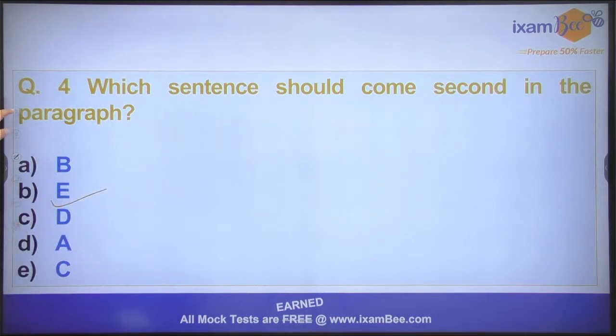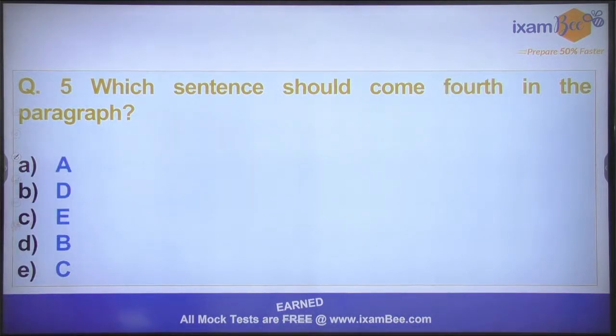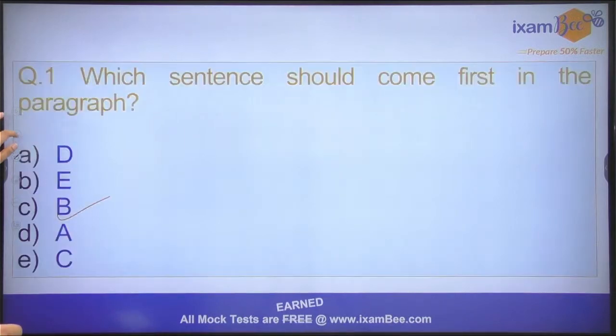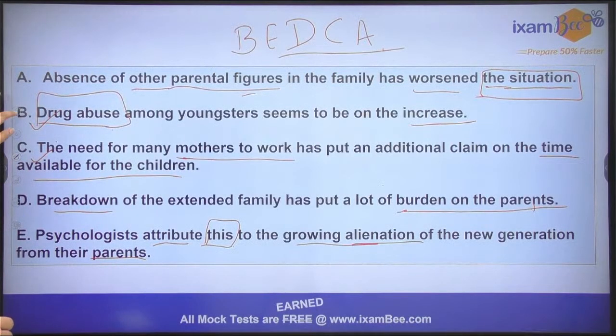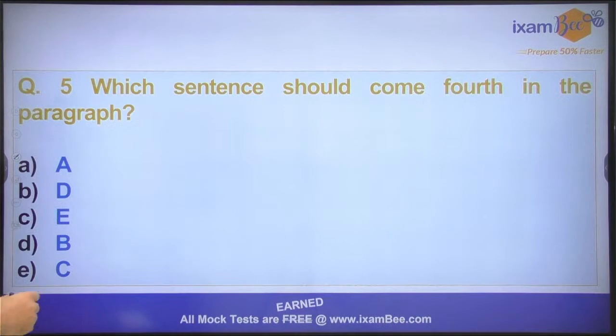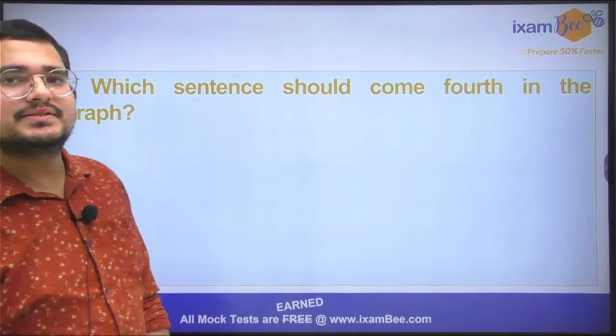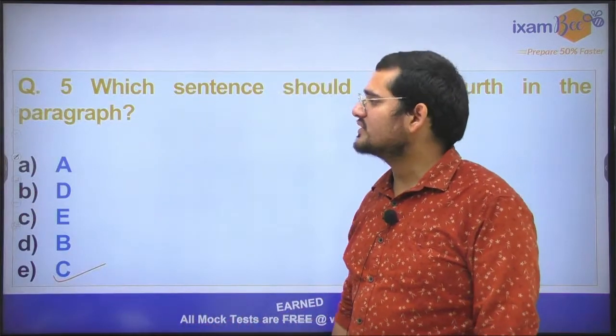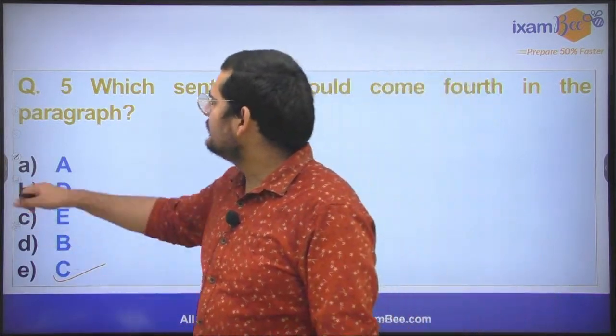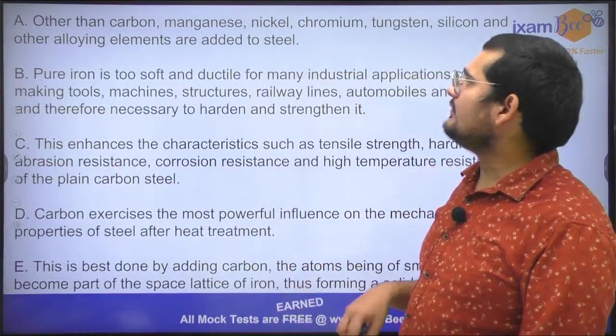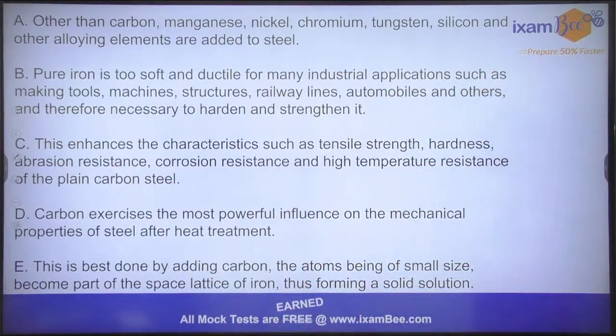Now which sentence should come fourth in the paragraph? Let's see. So C was a fourth, right? So this is the question that we just did. Now we move to next question. Okay, so kindly read this question.